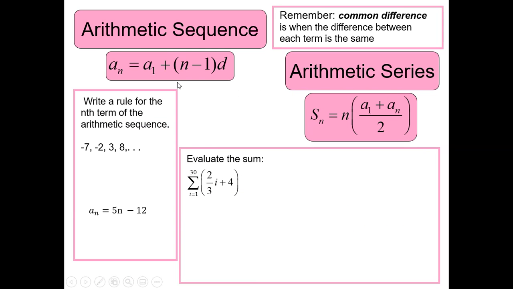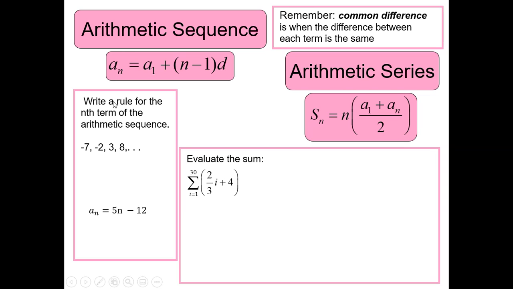Arithmetic sequence. Remember that it has a common difference between each consecutive term. And we could write the nth term as a sub n is equal to a sub 1 plus n minus 1 times d. And for an arithmetic series, we could write the sum as n times a sub 1 plus a sub n, divided by 2.